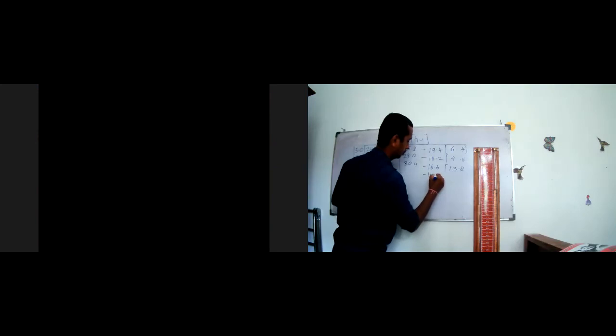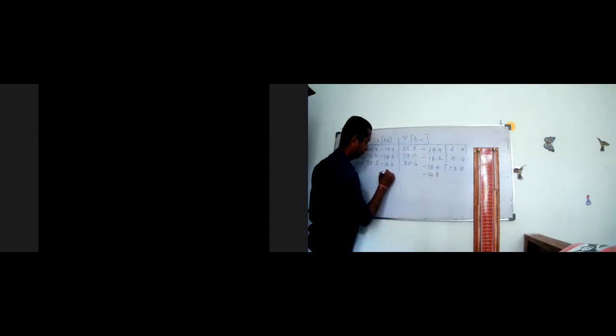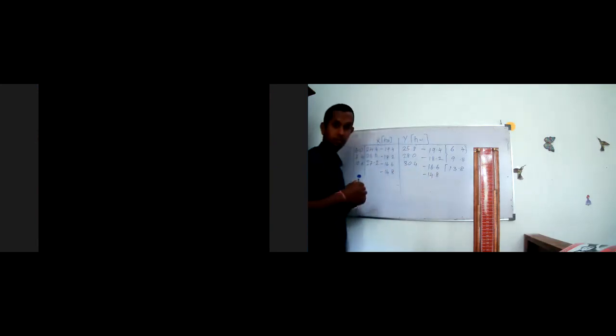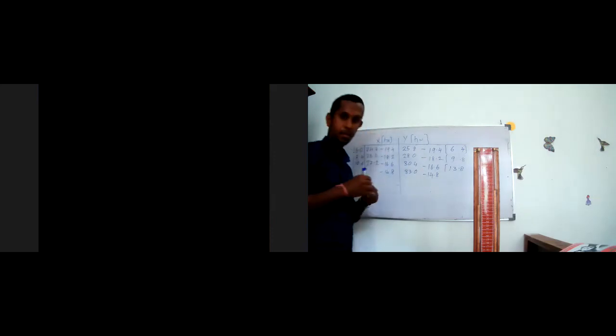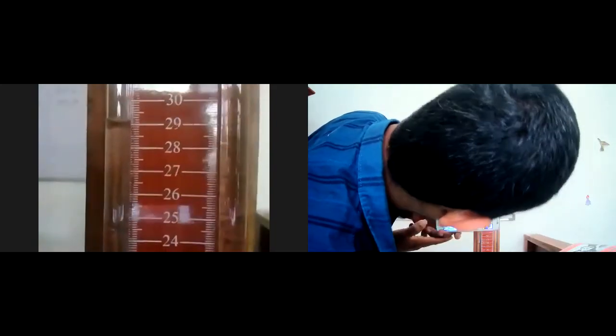The upper reading is 33. The reading of the upper column of the water column is equal to 29, right?